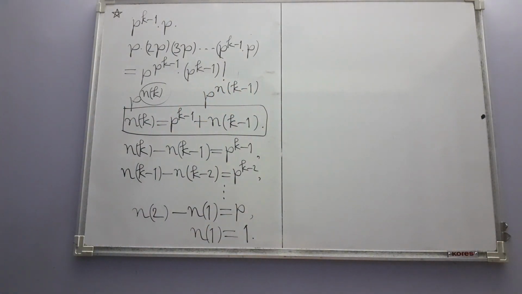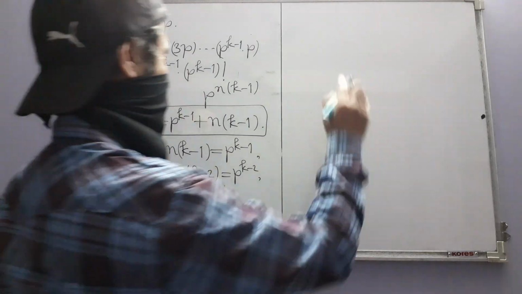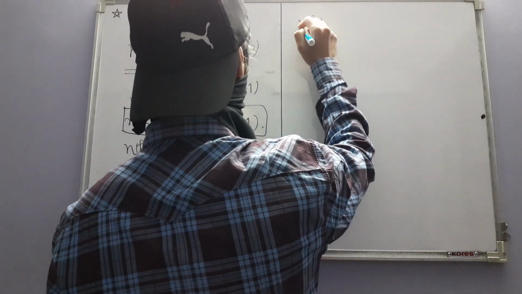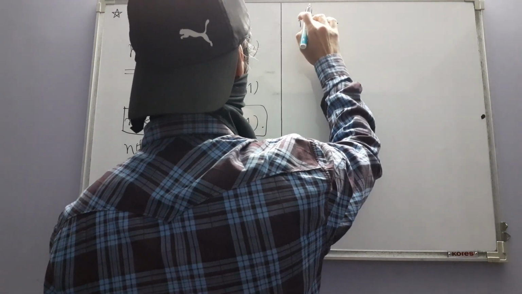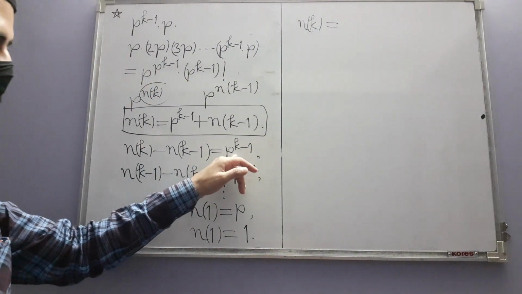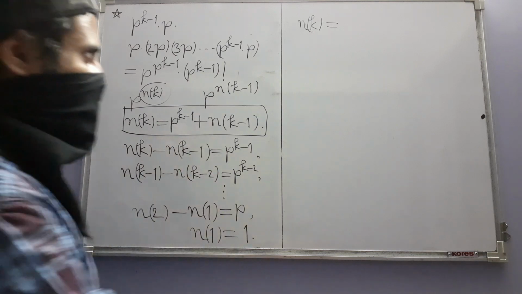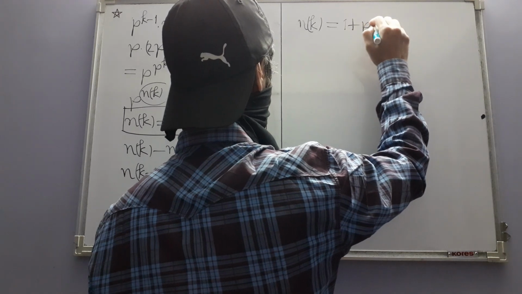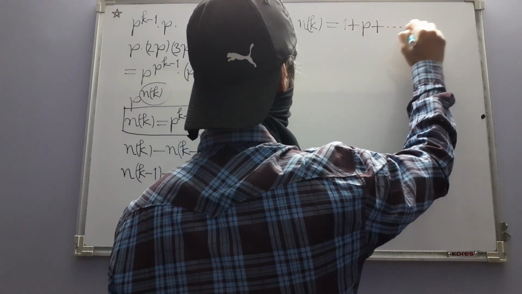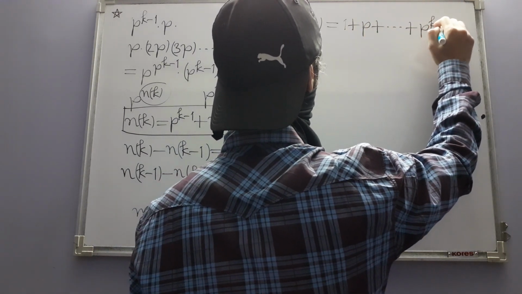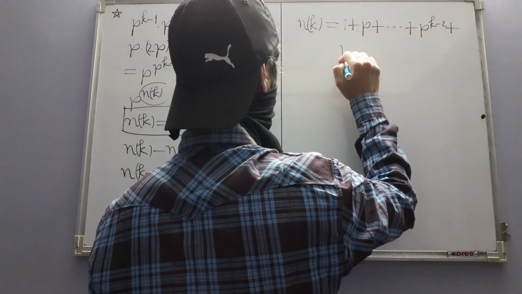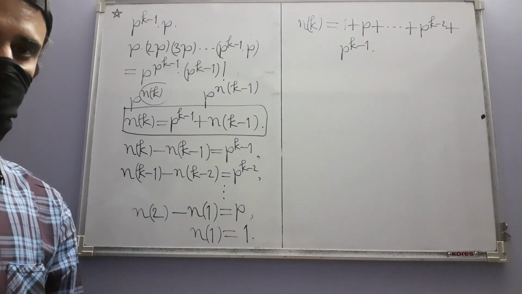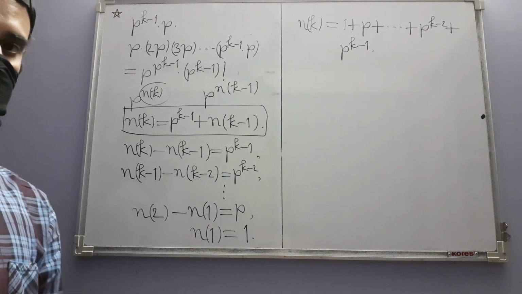So adding these numbers, the left side will give us nk, and the right side, instead of starting with this, we change the order and write like this: 1 plus p plus p square and so on. And that's what we wanted to prove. Okay, so the proof is over.